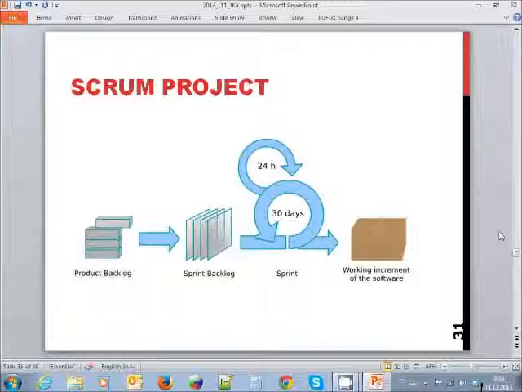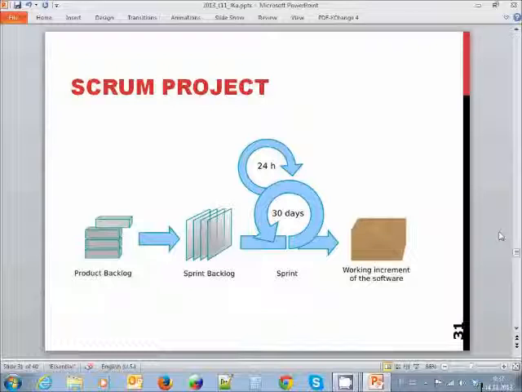So at the beginning of one sprint, the development iteration, we take from the backlog one set of requirements and take also the backlog of the earlier sprints, things that are yet still undone or things that we were unable to implement because some problem, and we start our 30-day cycle.